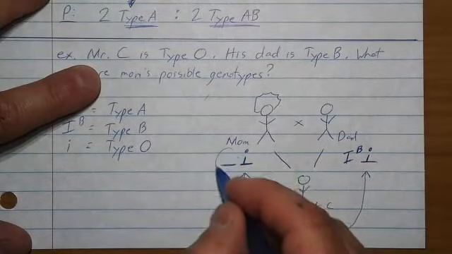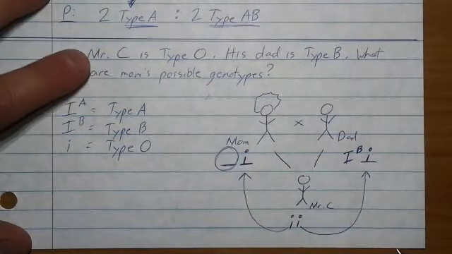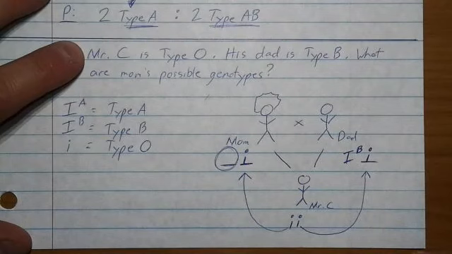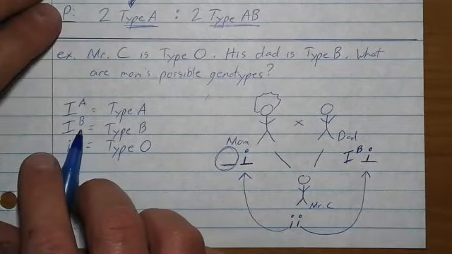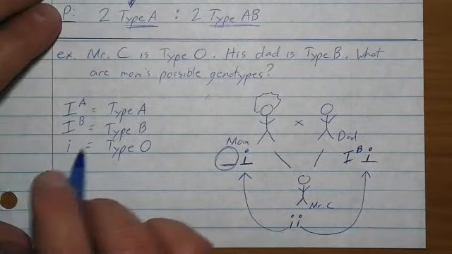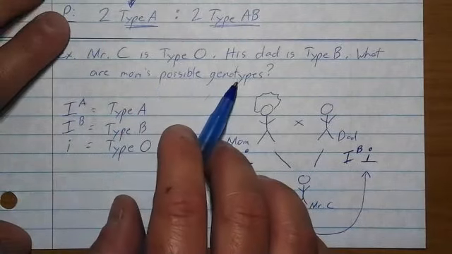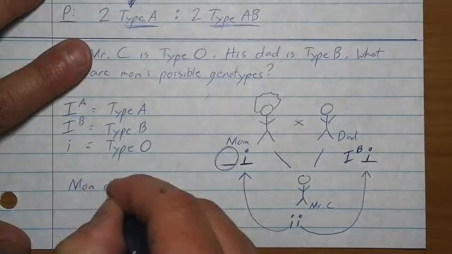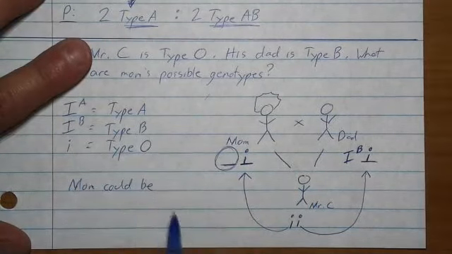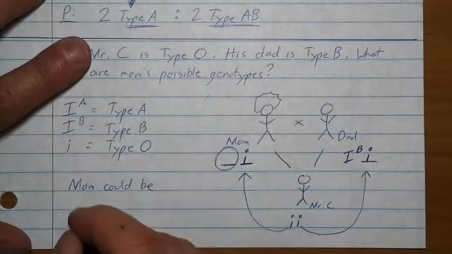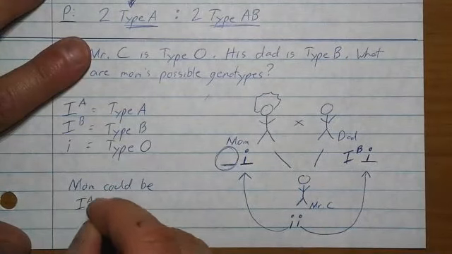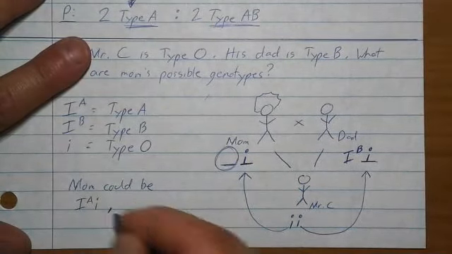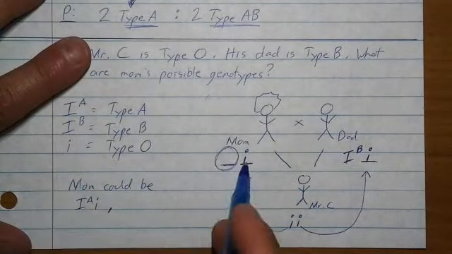So then that leaves us with this one here. Well, what could that be? Could be anything. We don't know. It could be an I^A, it could be an I^B, or it could be another lowercase i. So when it says, what are mom's possible genotypes? I would say mom could be I^A with a lowercase i, so she could be that. Or she could be I^B with a lowercase i.